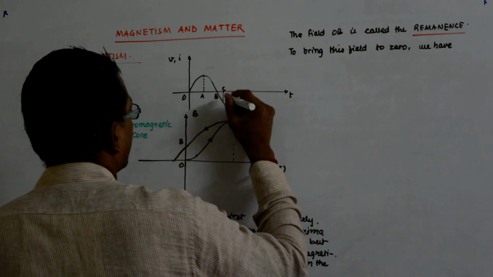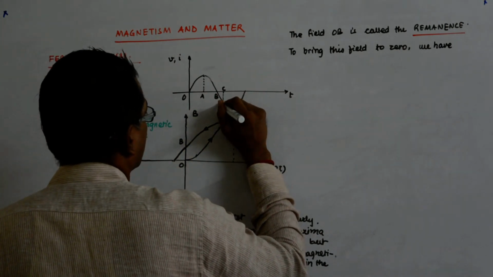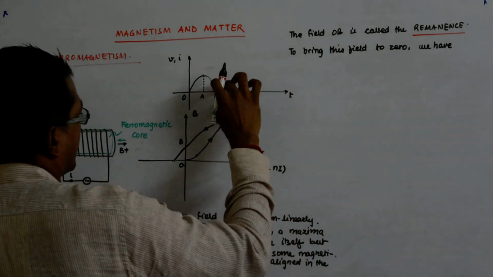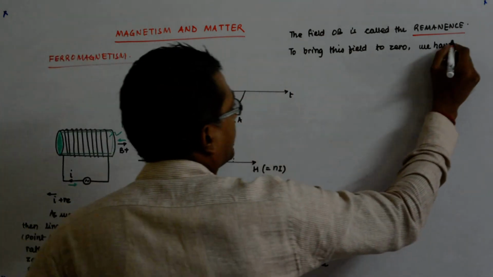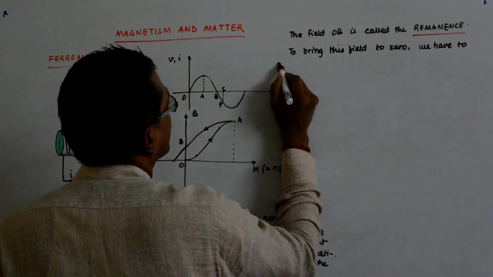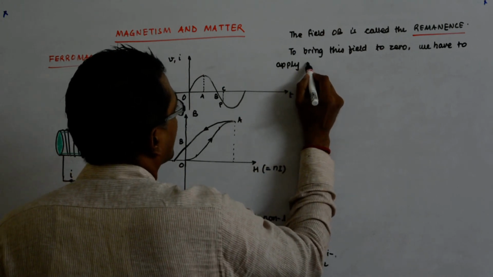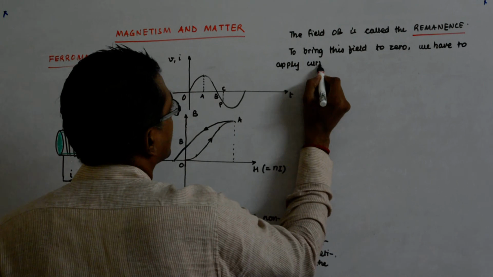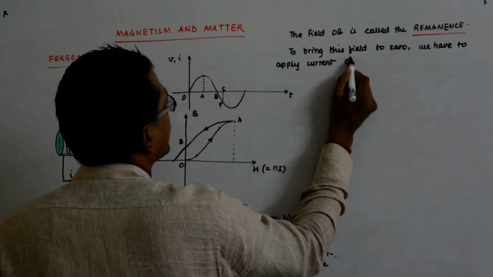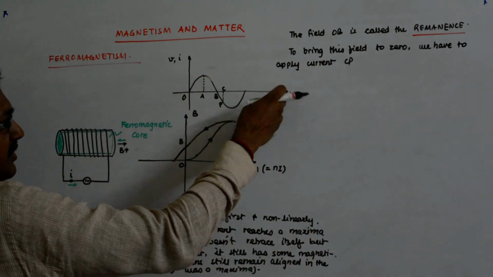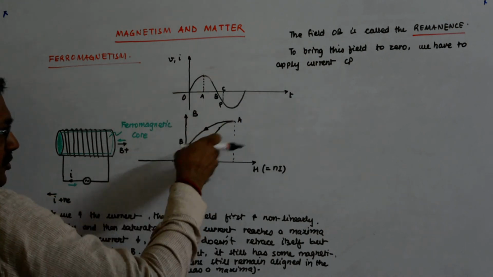I'll have to apply this amount, okay, CP. We have to apply current CP, okay. This is time versus current, this is not a BH curve.